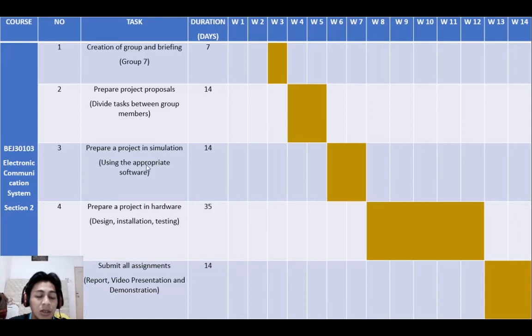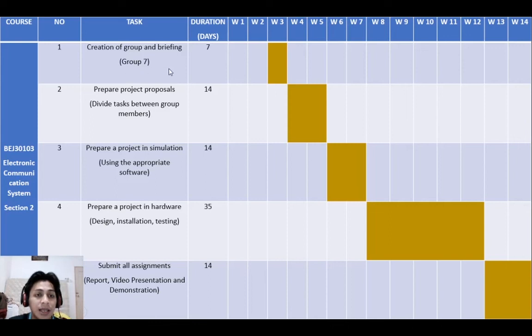In simulation, we focus on using the appropriate software that can run our project. Task number 4 is to prepare the project in hardware, where in hardware we focus on design, installation, and testing. Lastly is to submit all assignments, where we will submit the report, video presentation, and demonstration.